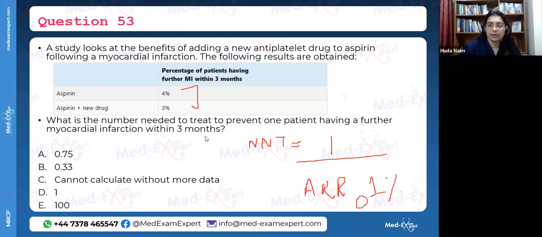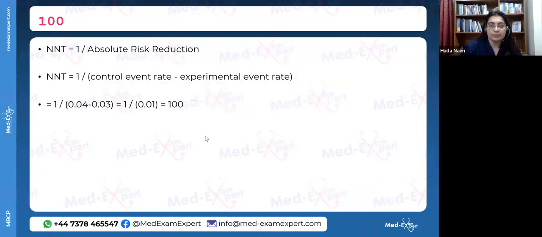It's 0.01. Okay. So 1 divided by 0.01 is 100. Dr. Smilin, you're right. It's 100. So the formula for this is 1 divided by the absolute risk reduction, which is the controlled event rate minus the experimental event rate. So it's 1 divided by 0.01, which is 100.